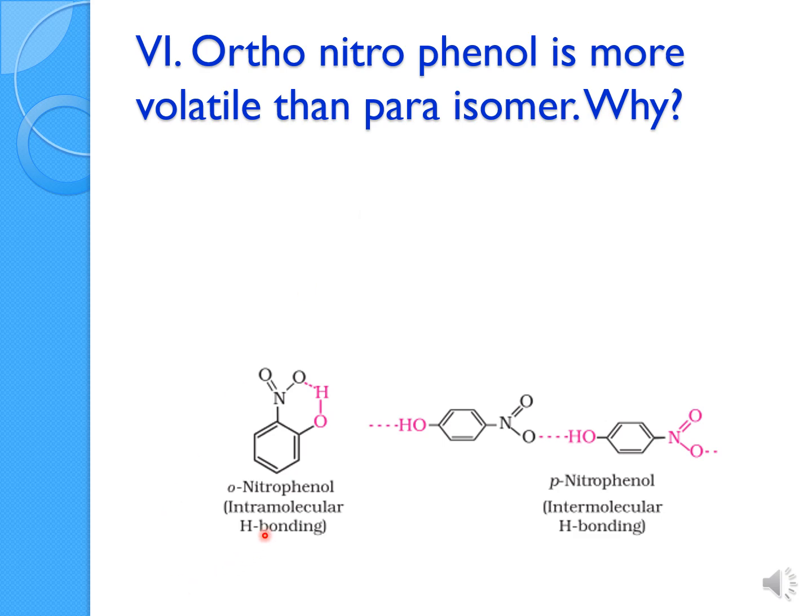It cannot form intermolecular hydrogen bonding with other orthonitrophenol molecules. Whereas paranitrophenol can form intermolecular hydrogen bonding, and a large number of paranitrophenol molecules can associate together to form long chains. Therefore, paranitrophenol has a higher boiling point than orthonitrophenol, or we can say orthonitrophenol is more volatile than paranitrophenol.